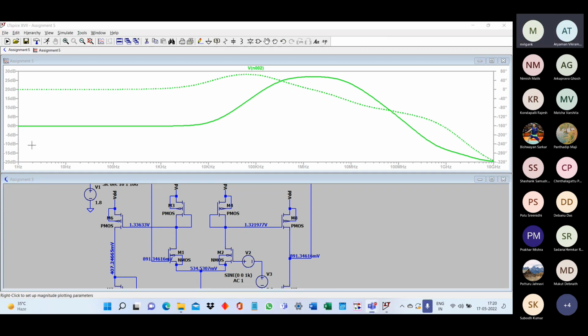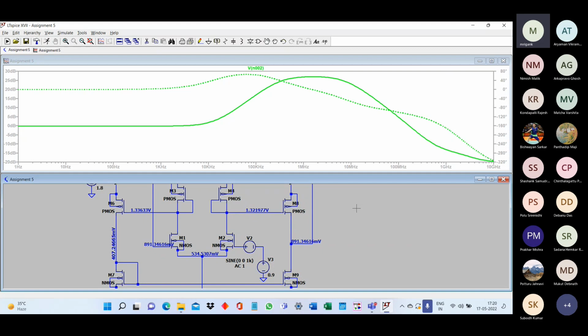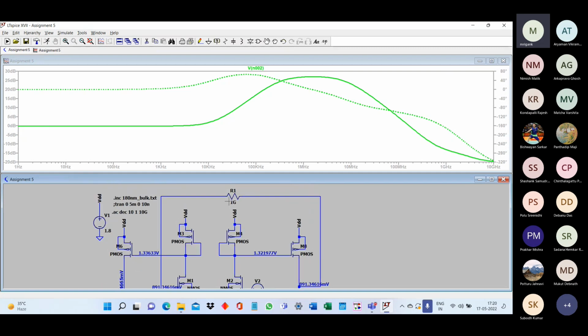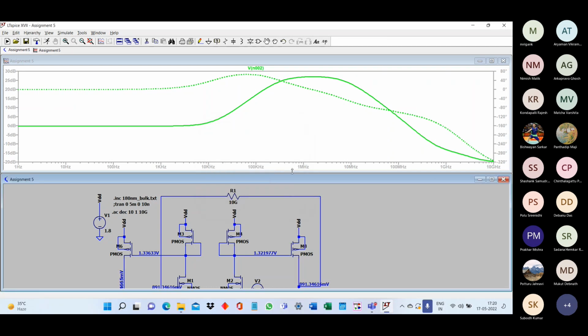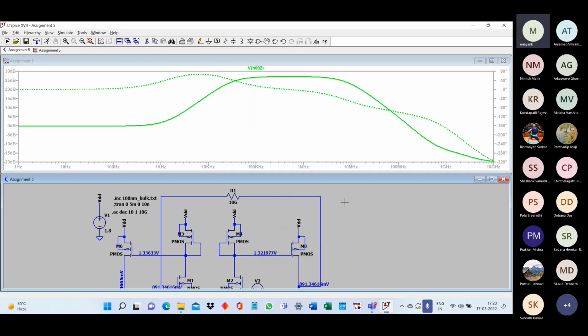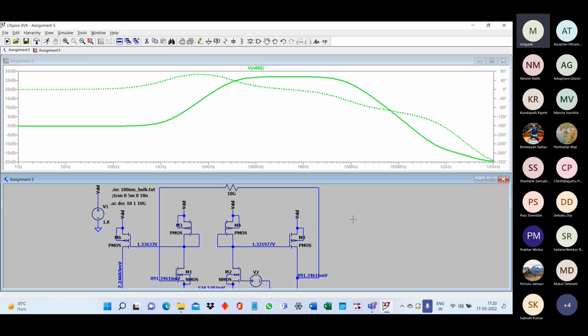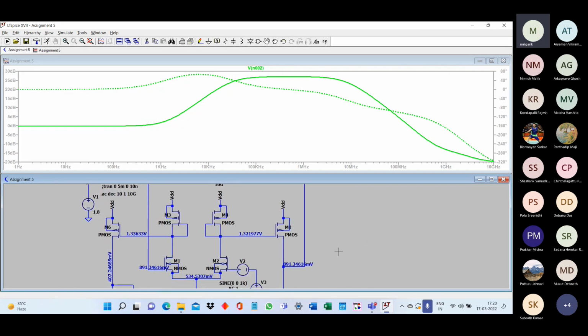So this sort of graph is coming. Okay, so you can increase the R value. Let us see. For the open loop case, maybe you can make it 10G also. You are seeing 1 kilohertz, a band pass kind of response coming.